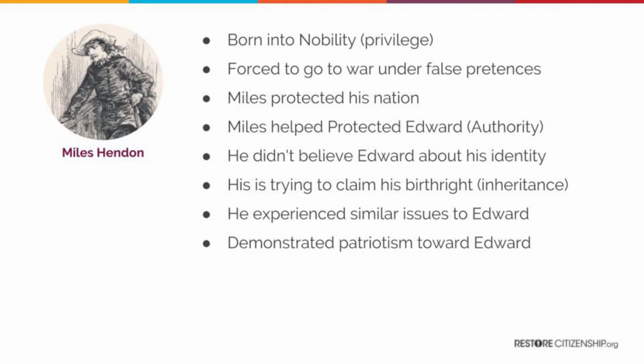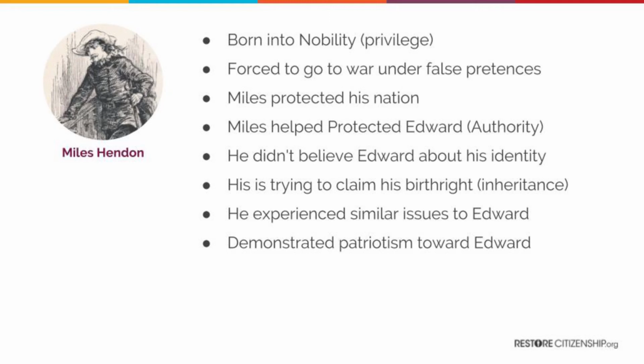But the very thing that Edward was trying to tell Mills, we'll see that Mills experienced later. So one thing that Mills was trying to do in the story is claim his birthright, his inheritance. But he experienced similar issues to Edward's.